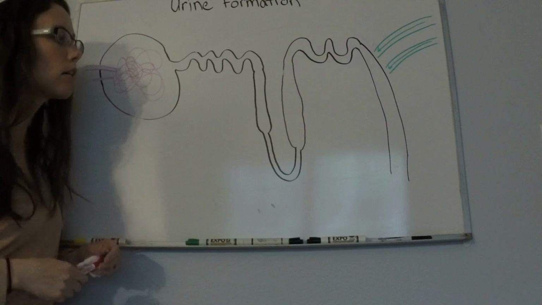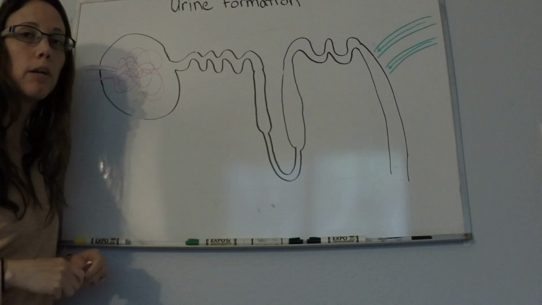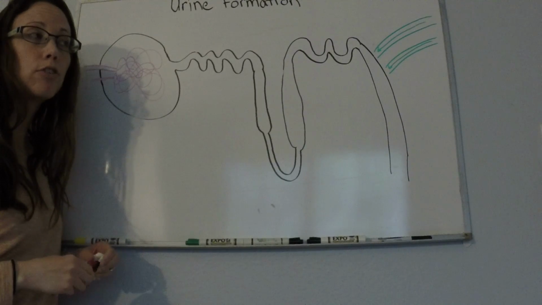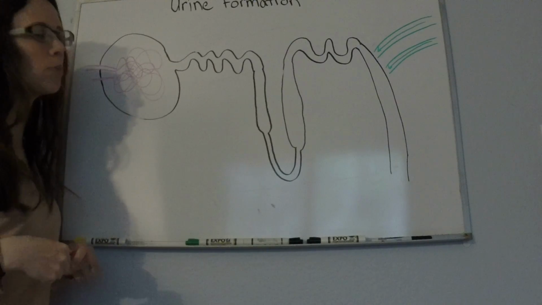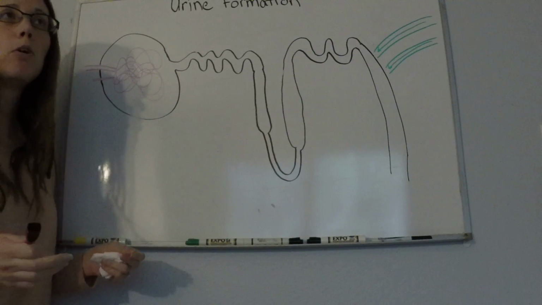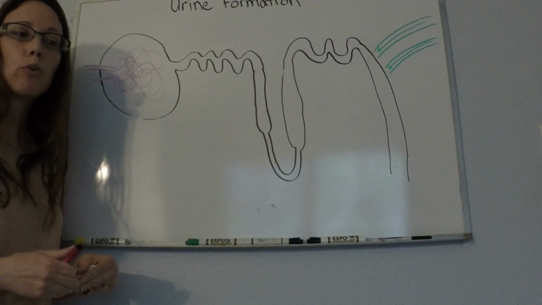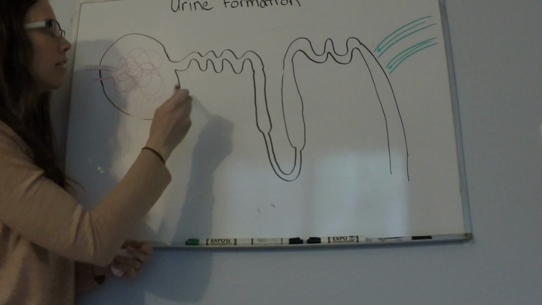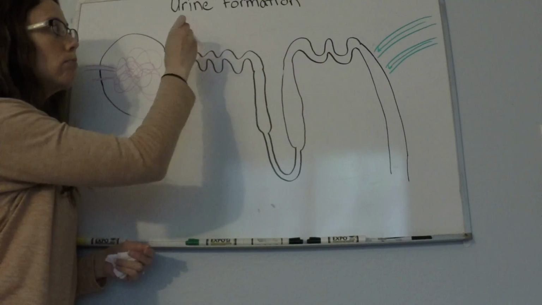Once you get to the proximal convoluted tubule, you've got a lot of reabsorption going on. About 65% of the filtrate is reabsorbed. When we say reabsorbed, we're talking about it going back into the blood vessels. So reabsorption means the filtrate, or the fluid that is in our tubules, is being reabsorbed into blood vessels.